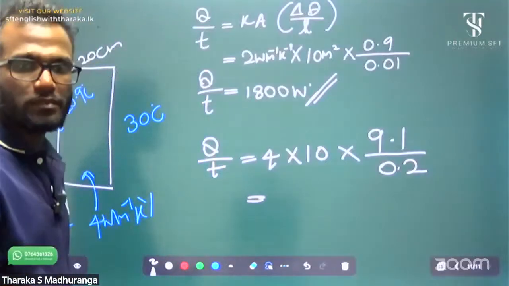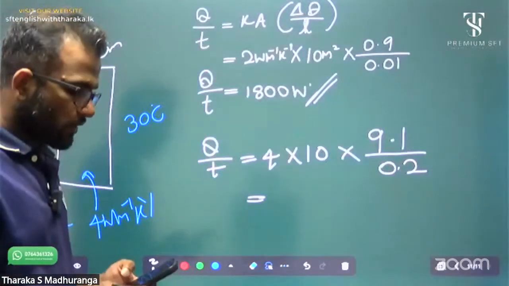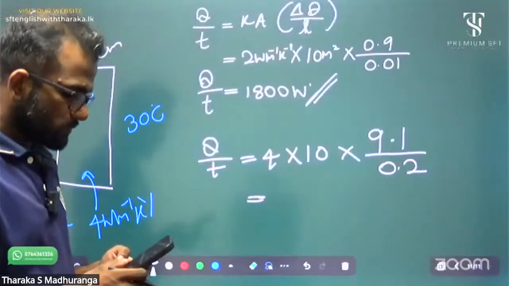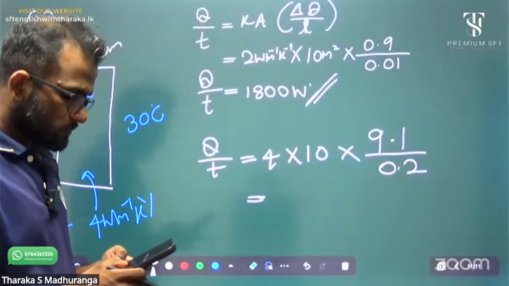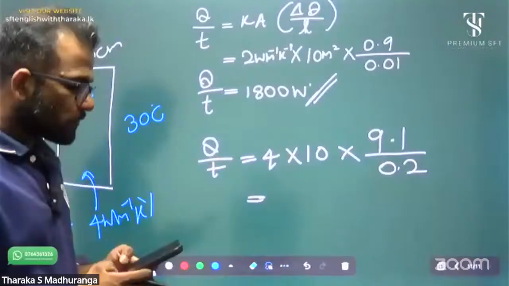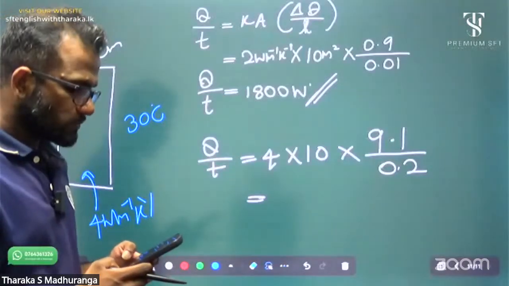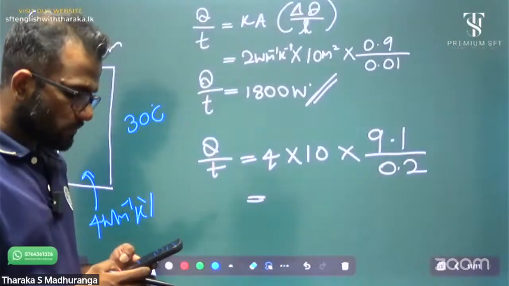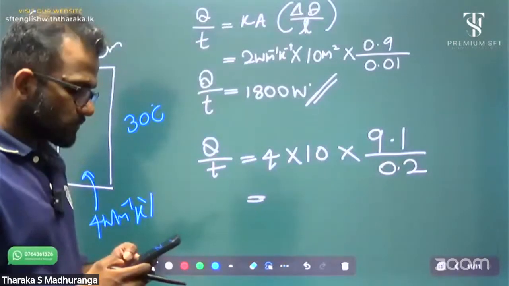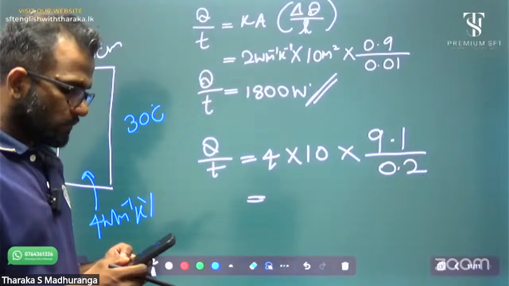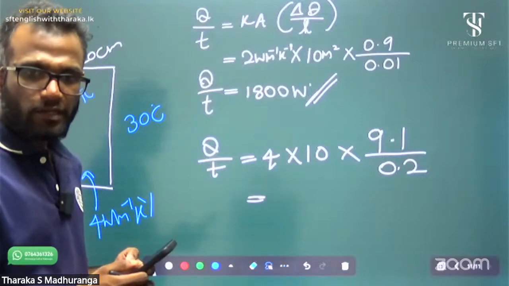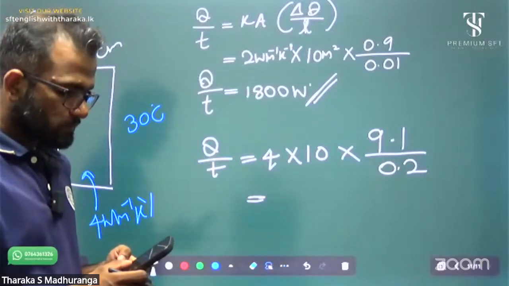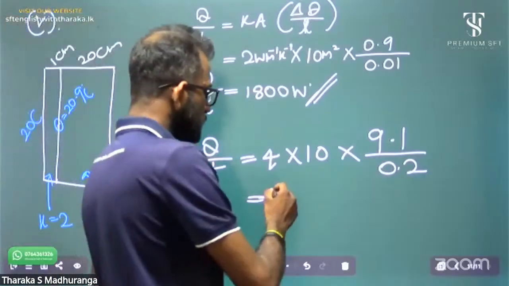So 91 times 4 divided by 0.2 gives 1800, right? Same answer.